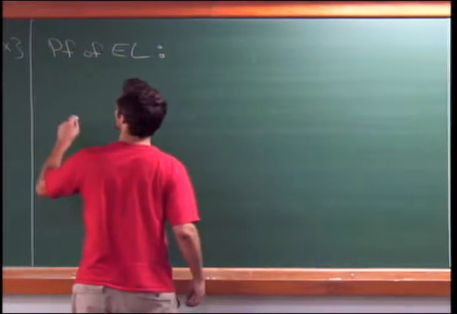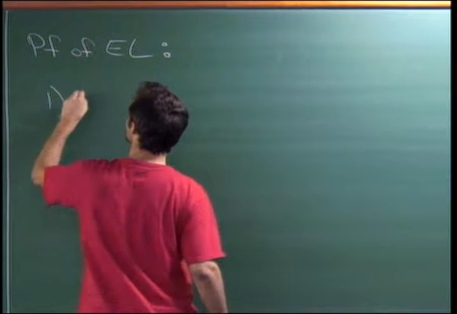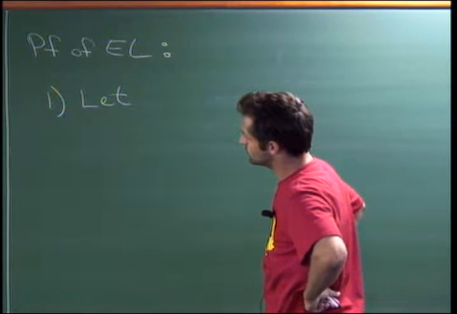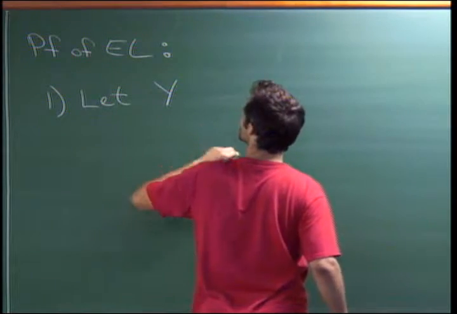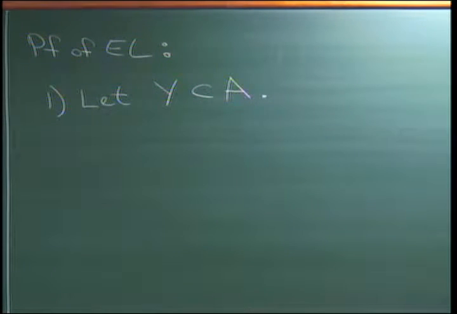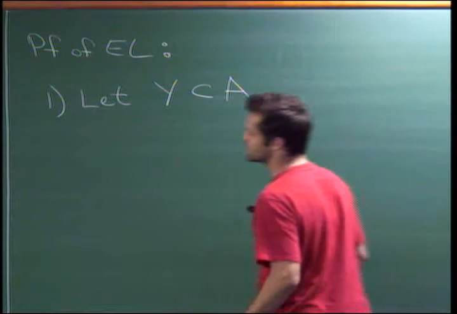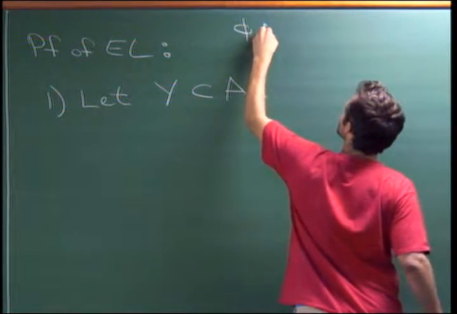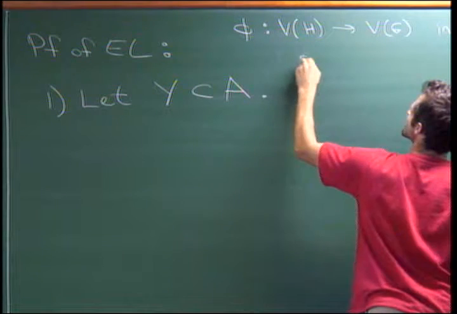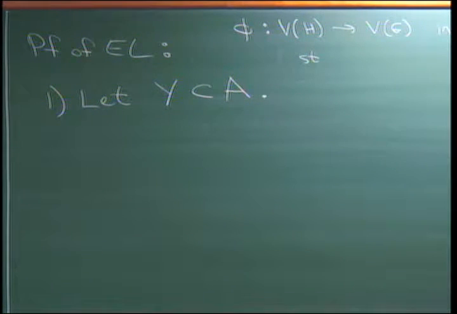So, how do we embed it? We say, okay, step one, let Y, which is half the vertices of H, be some arbitrary subset of A. So Y is in our graph H that we're trying to embed, and A is in our graph G. We're trying to find a function phi that maps vertices of H into vertices of G. It's injective, such that if you do this injection, you actually find a copy of H, right?